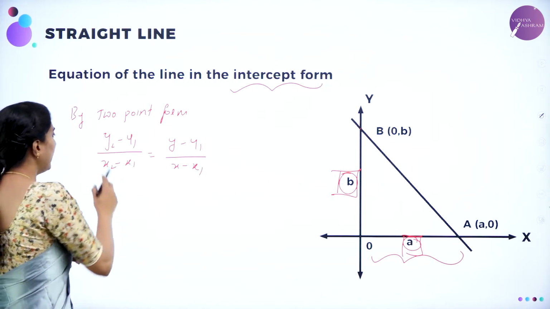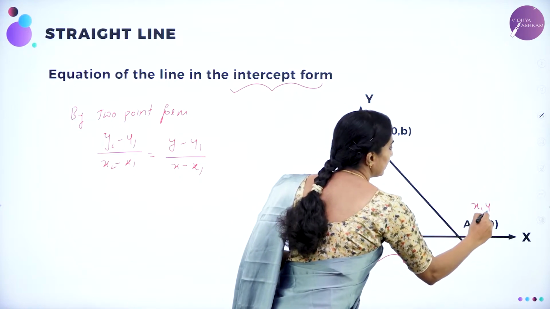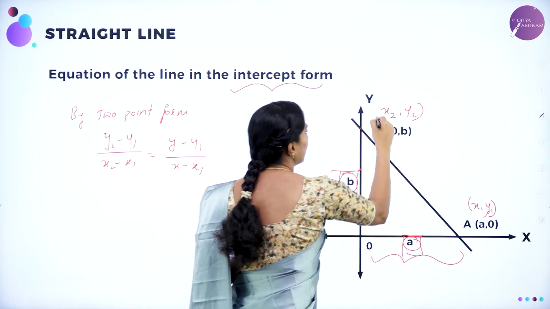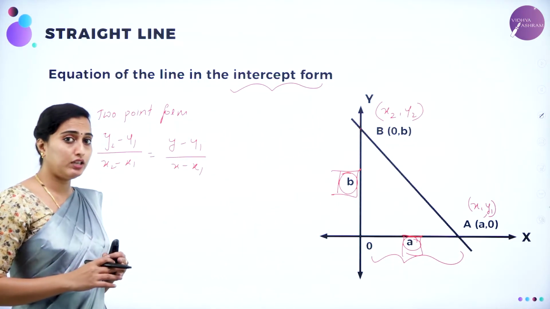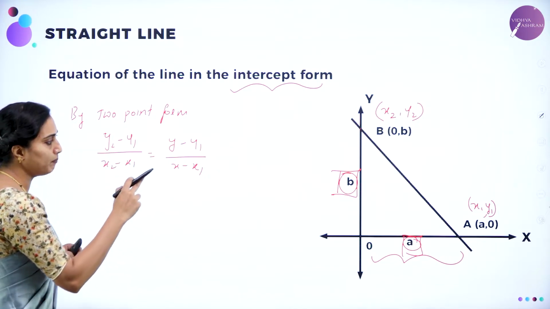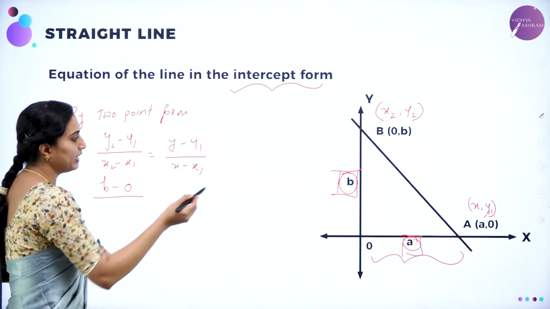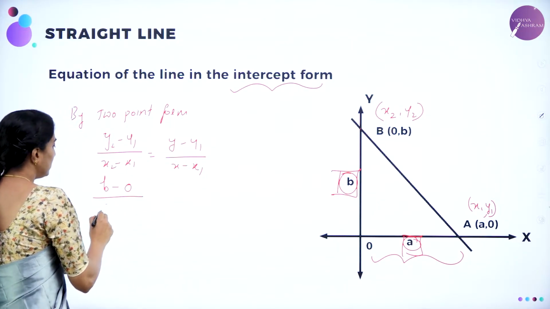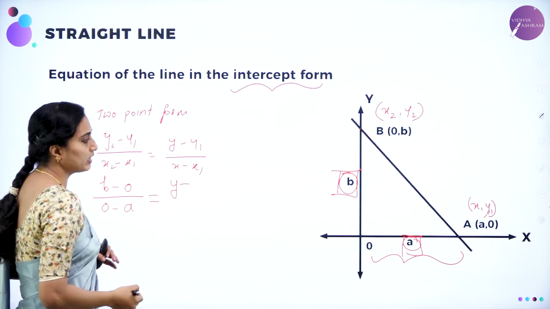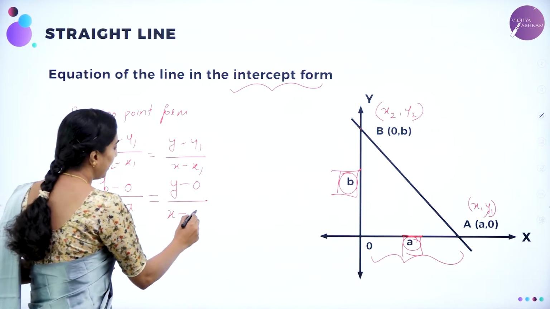You can take this one as (x1, y1) and this one as (x2, y2). Substituting in the formula, we have (b minus 0) divided by (0 minus a) is equal to (y minus 0) divided by (x minus a).